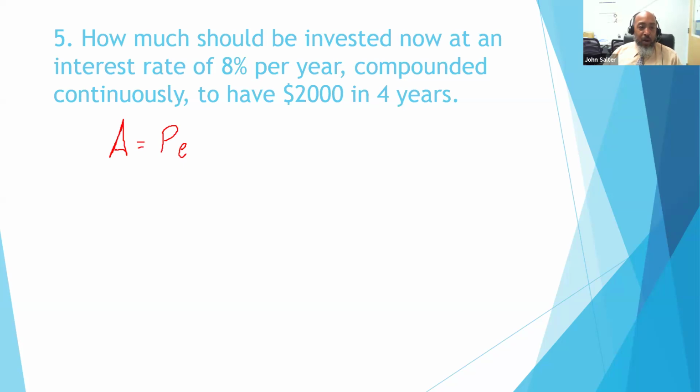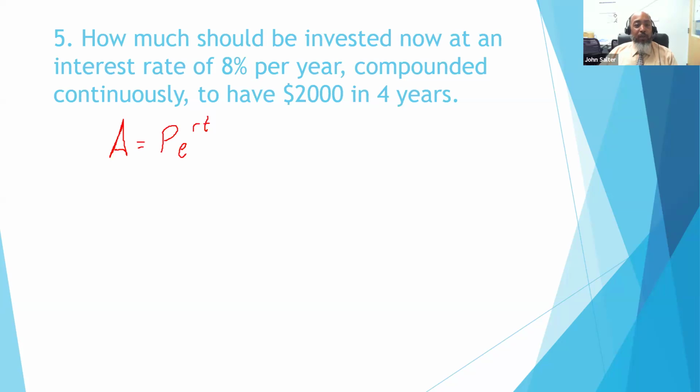My R and my T are exponents. I want to make sure that's clearly identifiable. So A equals P times e raised to the rt, where P is my principal, r is my percentage expressed as a decimal, and t is my time in years. And A is how much money I'm going to have after everything is over.